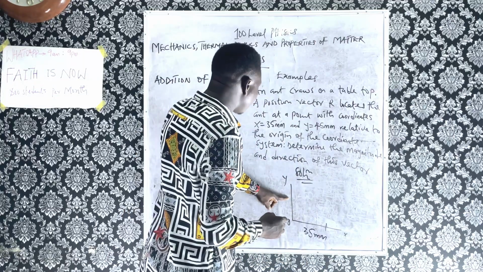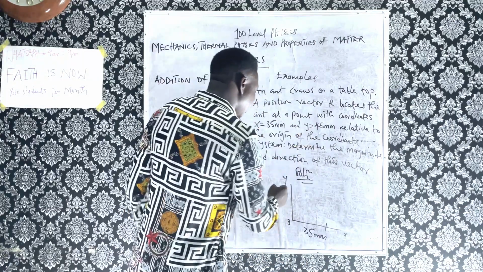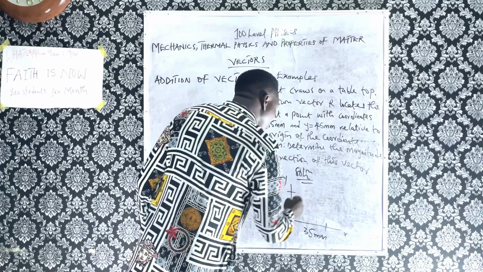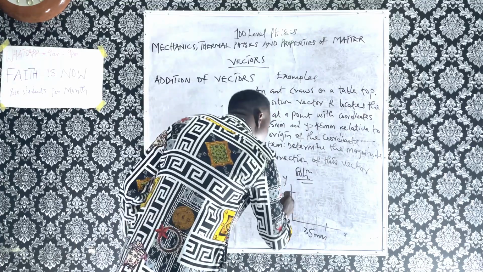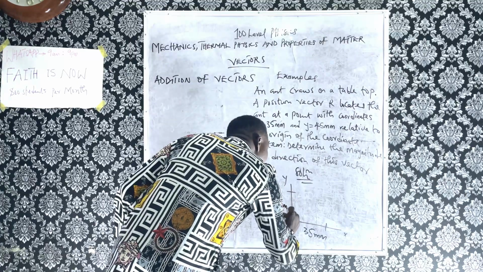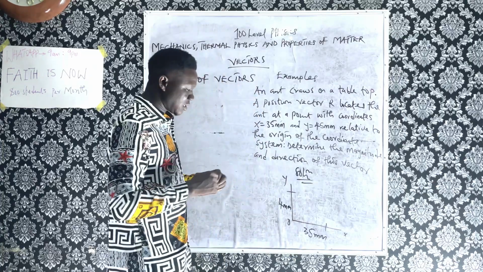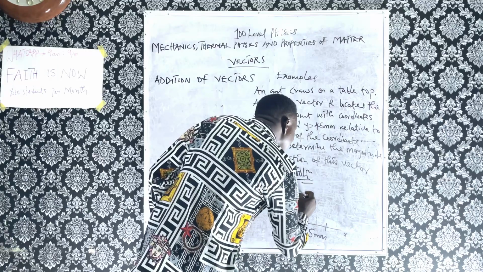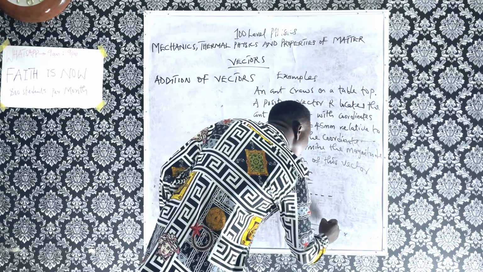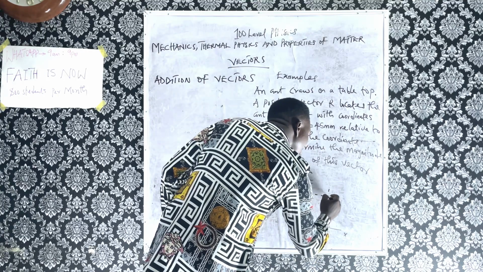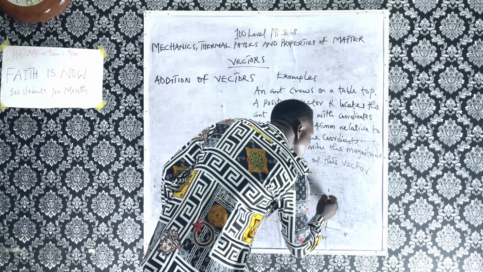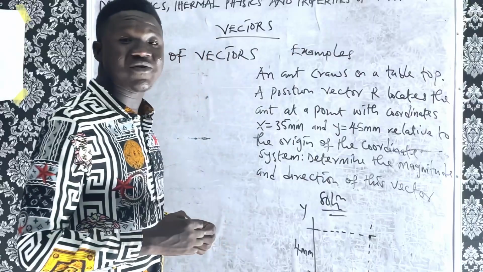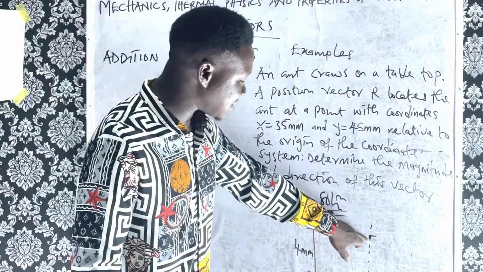Then the ant has also moved a coordinate of 45 millimeters along the y axis. If you extend this line and this line, they will meet somewhere. At this point, that's where the ant is.